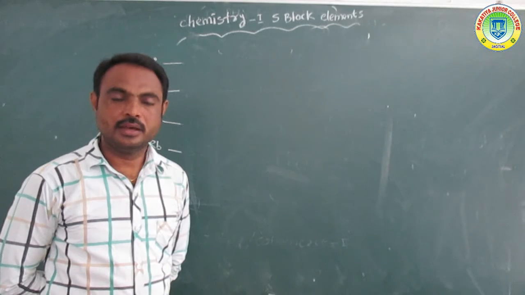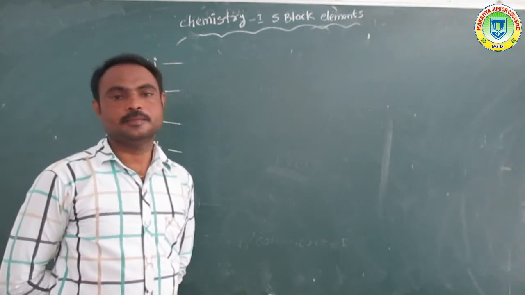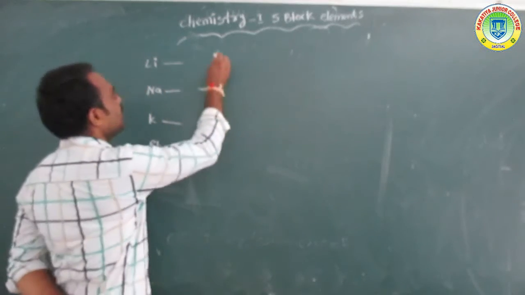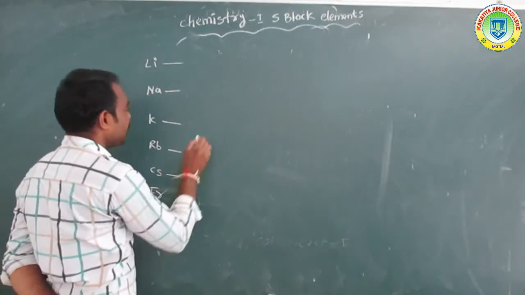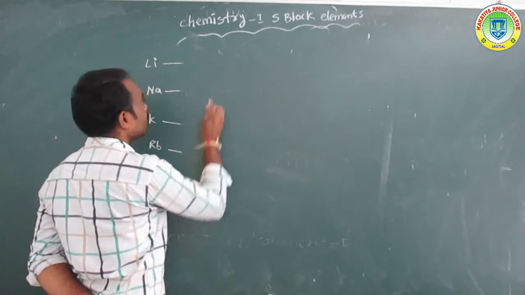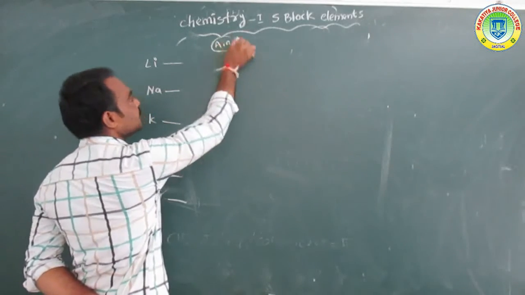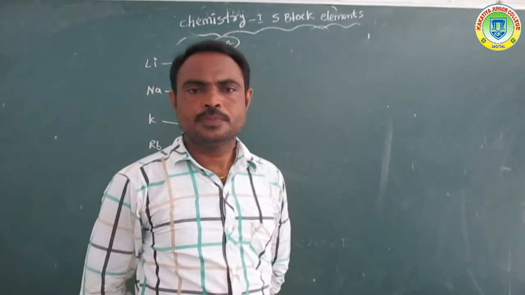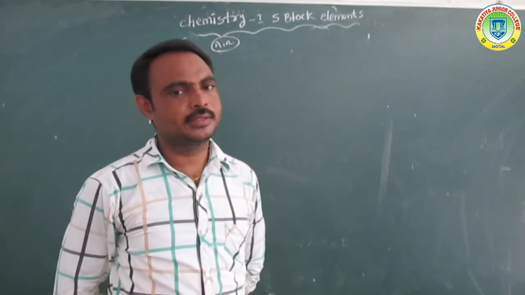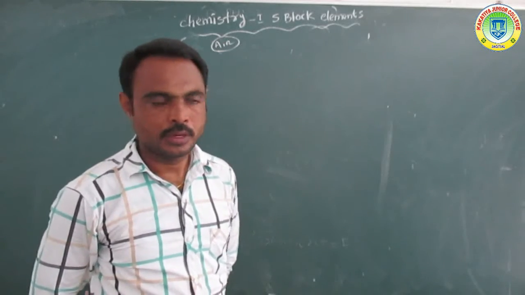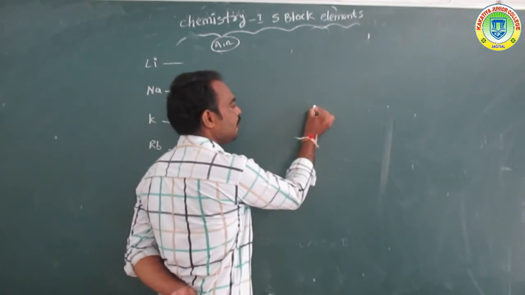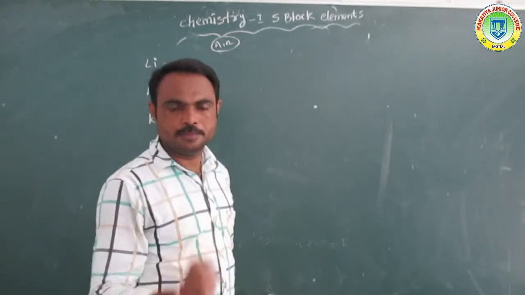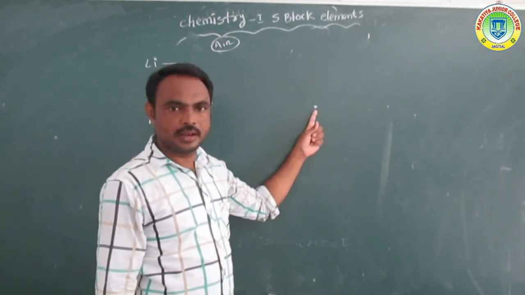electronegativity and electron affinity? Now first of all, atomic radius. So what is the atomic radius? We already know that. Suppose for example we have taken one atom, it is central.